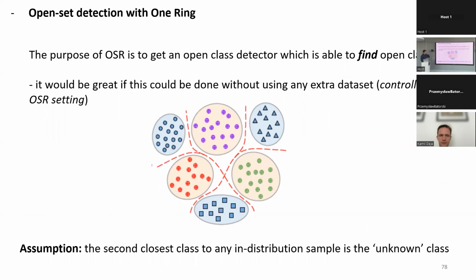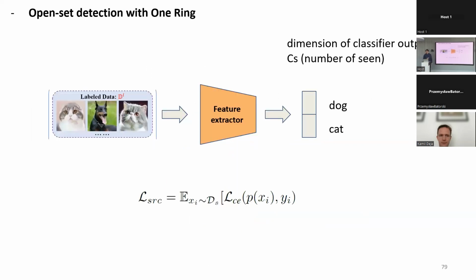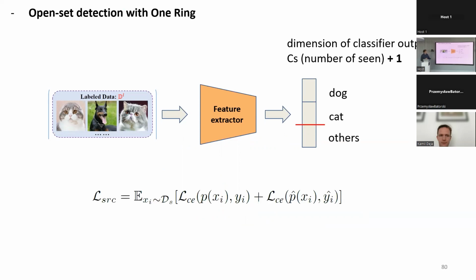And we were wondering, would there not be another way to get the same effect? And a student came up with a very simple idea, which works pretty nicely. If you learn a normal cross-entropy classifier for two classes, for example dog and cat, what he says is, I introduce another class, which is out of distribution. And he didn't want to use any new data to train this other class.